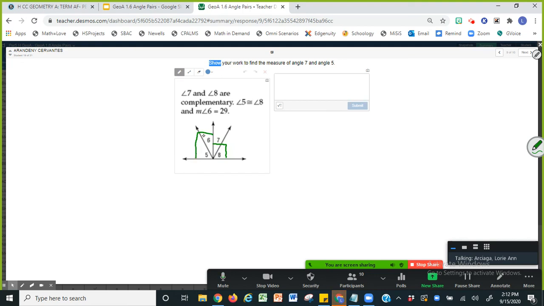And you know that angle 6 is 29 degrees. So that means you can find angle 5, right? And once you know what angle 5 is, since 5 and 8 are the same, these two would match. So you can find the measure of these two angles. And once you know angle 8, that will also give you the measurement of angle 7.